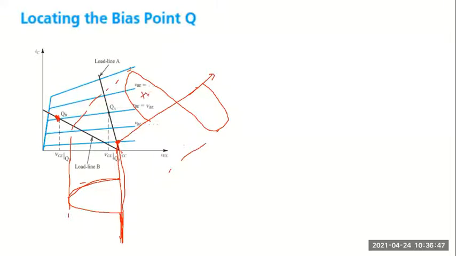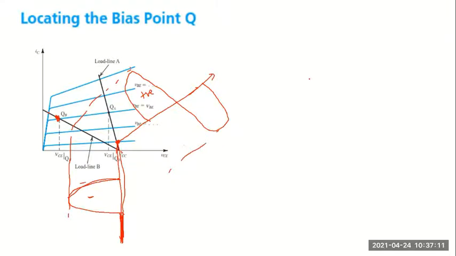During positive half cycle, the transistor is conducting because the positive half cycle maps into the active region, and I'll get a negative output voltage. During negative half cycle, this maps into the cutoff region. You see this is coming below this line. So the transistor will be switched off or cut off. It won't be conducting.